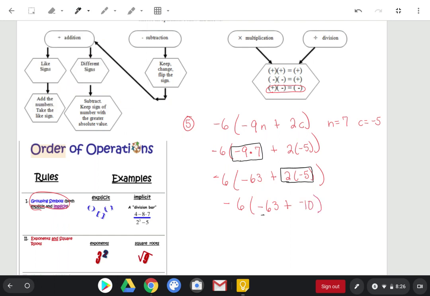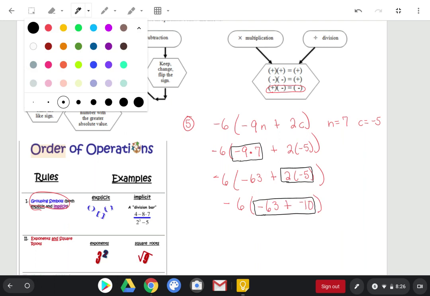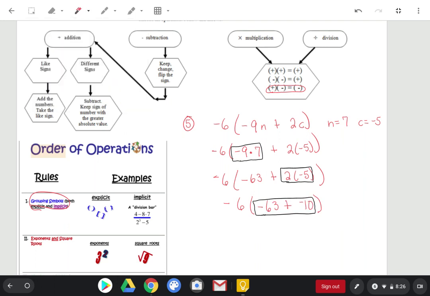So inside of my parentheses, I need to add. And I am adding a positive and a negative number. Oops, I said that incorrectly, guys. They're actually a negative and a negative. So I'm going to add those numbers and keep the sign of both.